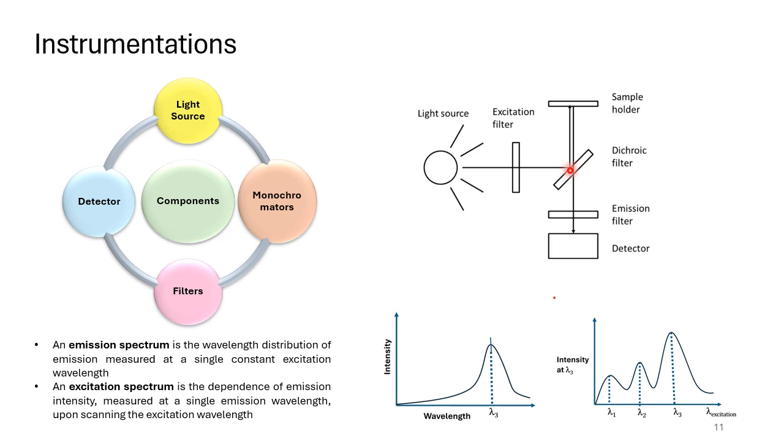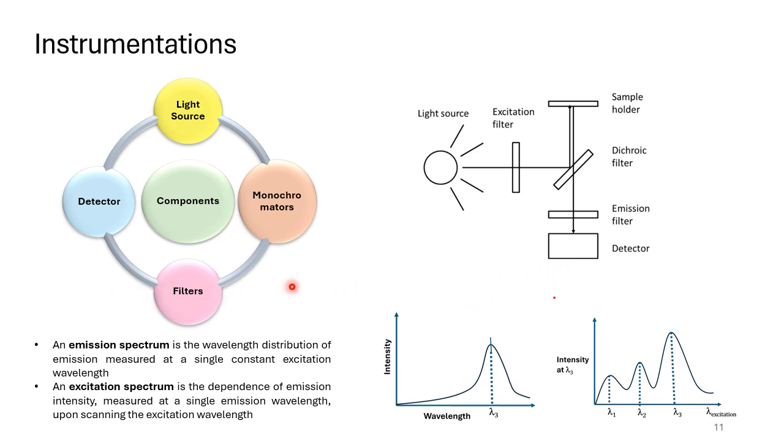This dichroic filter transmits the emission light and reflects the excitation light, and after transmitting the emission light, it comes to the emission filter. Again this emission filter disperses the light and it detects the wavelength.